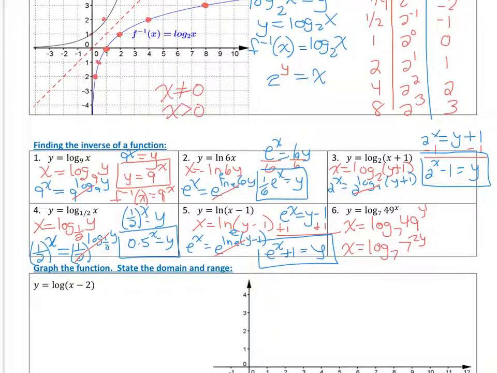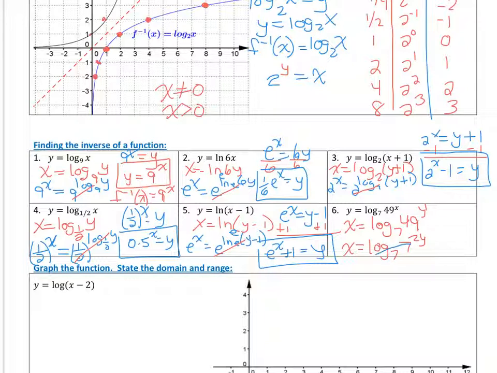Now remember our special properties of logs. This is a log of a number which happens to be the same as the base. So we could simplify this right away. In fact, it actually turns out to be linear. The log base 7 of an exponential of 7, that's already an inverse operation right there.